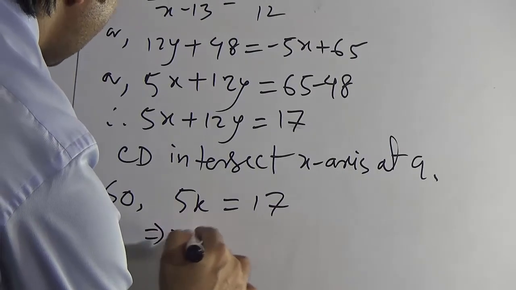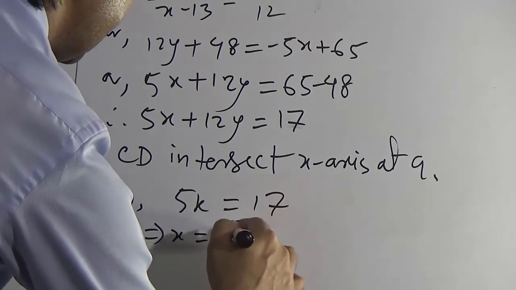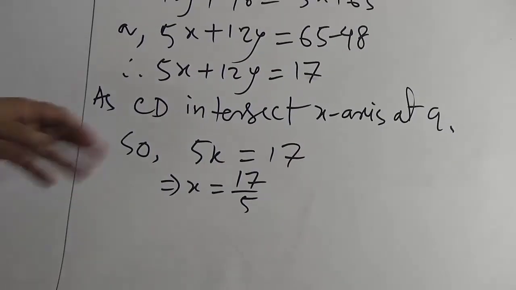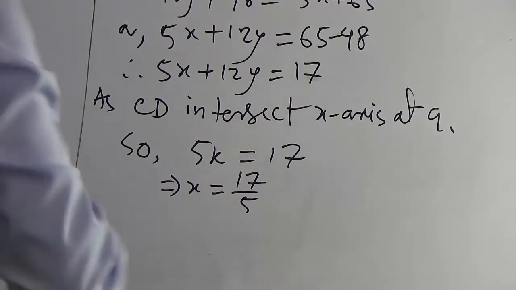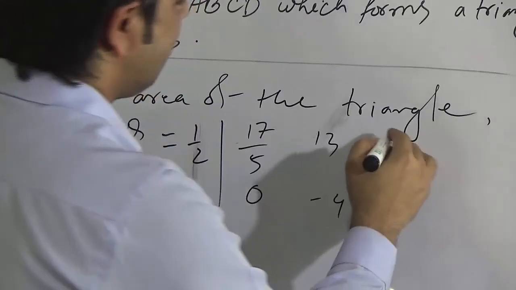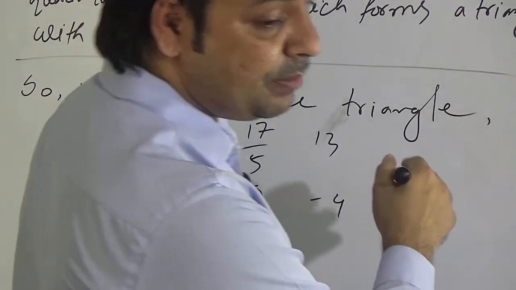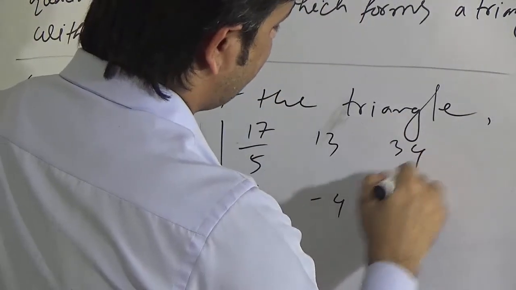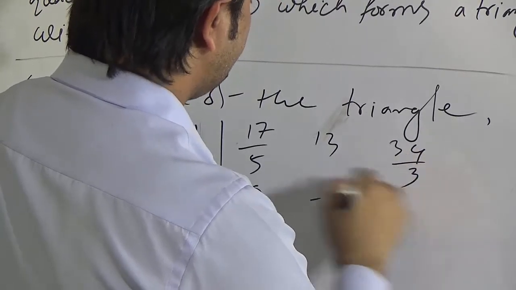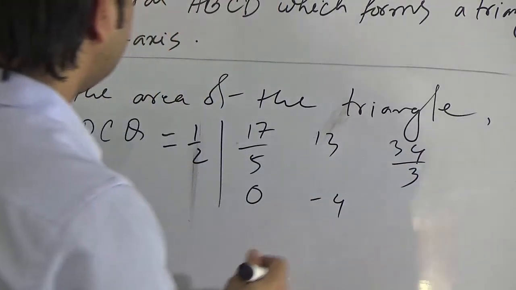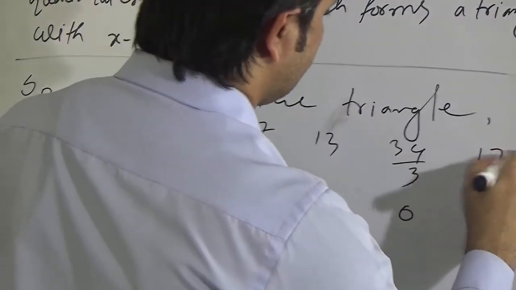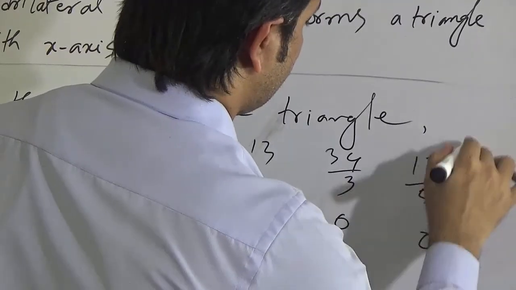That implies the value of x will be 17 by 5. What does it mean? It means that the points are 13, minus 4, then 34 by 3, 0, and then 17 by 5, 0.